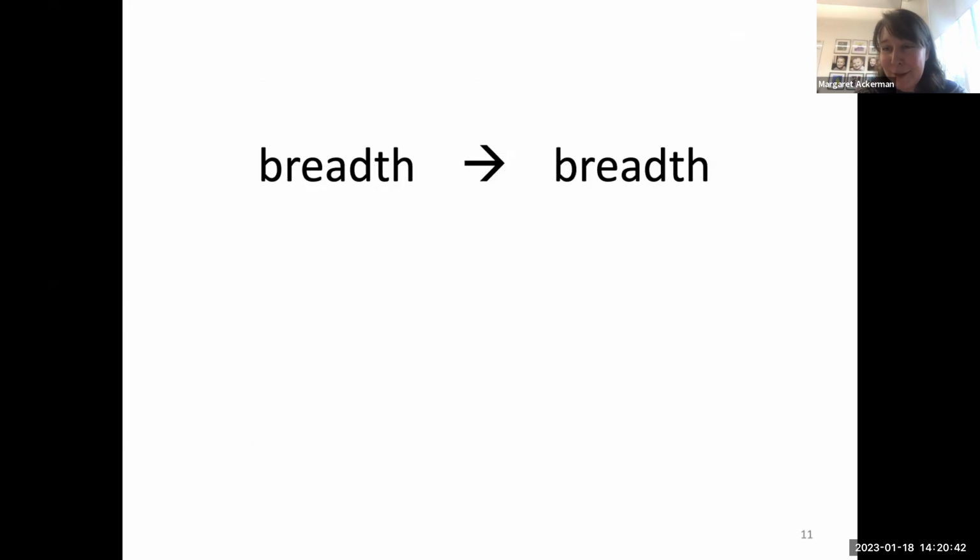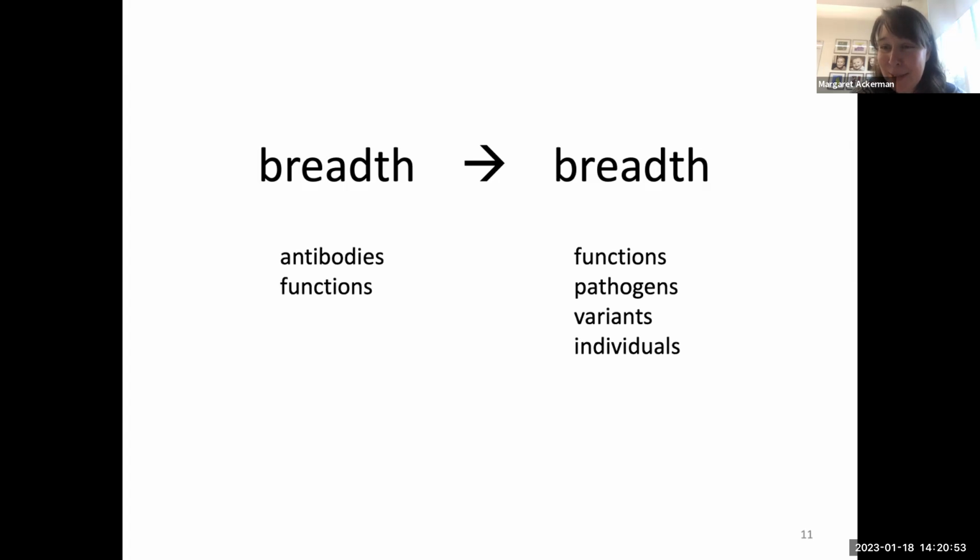So if I were to have a thesis statement for the rest of my talk, it's this. If you want to get breadth, you have to have breadth. And so that's a little silly. So what do I mean by that? I think we need to have antibodies that exhibit breadth, and we have a spectrum of them present at different sites with different characteristics that will then exhibit a breadth of different functions.